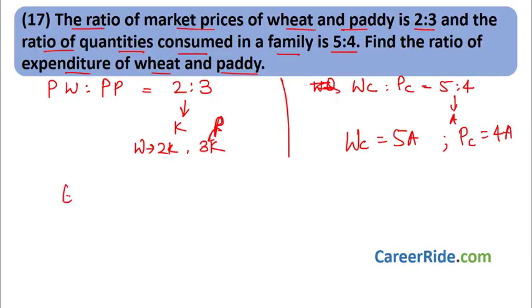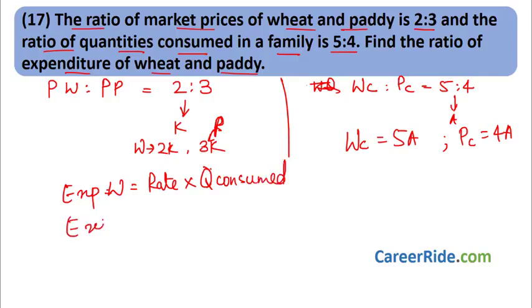Now, what is the expenditure for wheat? It is nothing but the rate for wheat, that is the price for wheat, multiplied by the quantity consumed. In the same way, the expenditure for paddy would be the rate for paddy multiplied by the quantity consumed. And we have to find the ratio of expenditure of wheat and paddy, so we will divide.